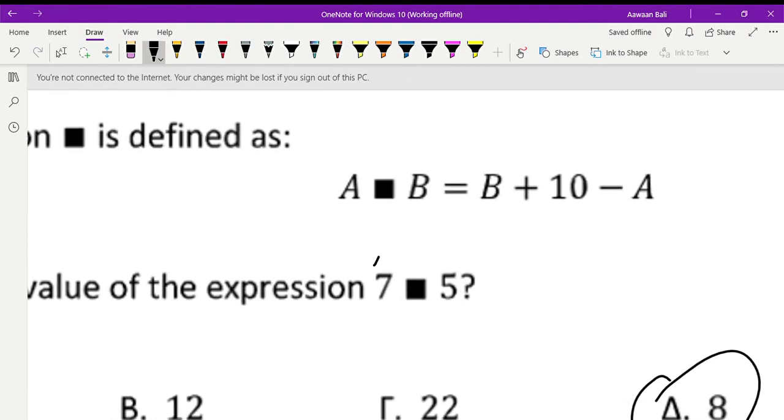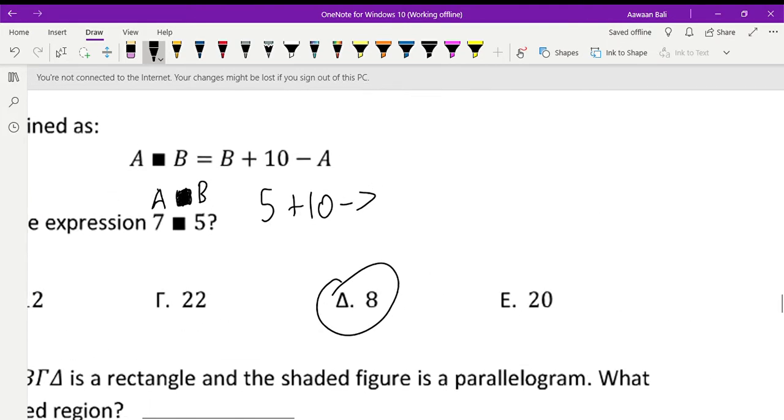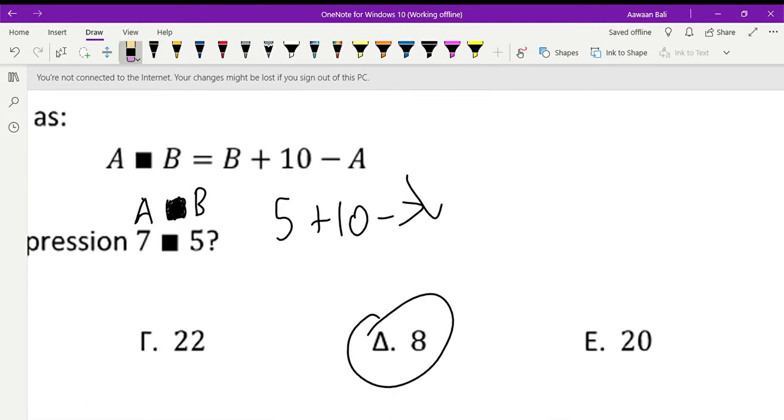Now if we substitute this, that means this is a and this is b. We can change that. So basically, we're substituting, right? So we do 5 plus 10 minus 7. Now remember, when you do addition and subtraction, you don't have to do BODMAS because either way you get the same answer.